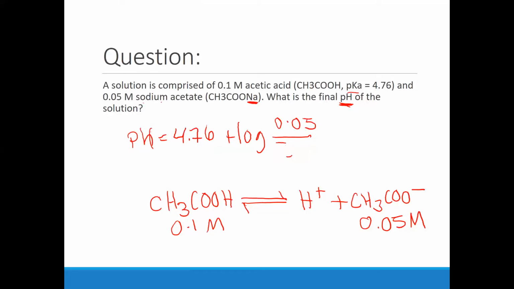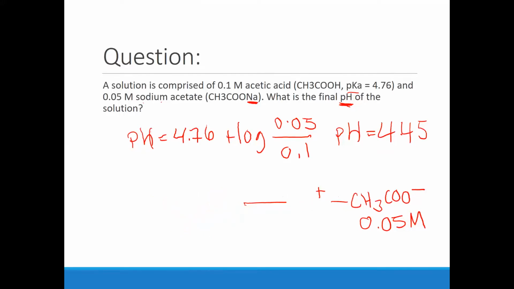And the concentration of our conjugate acid is 0.1. Okay? So after I do this calculation, we're going to get a final pH of 4.45.